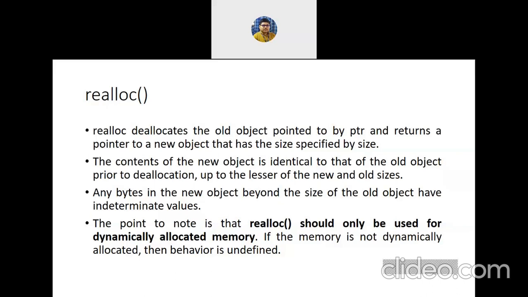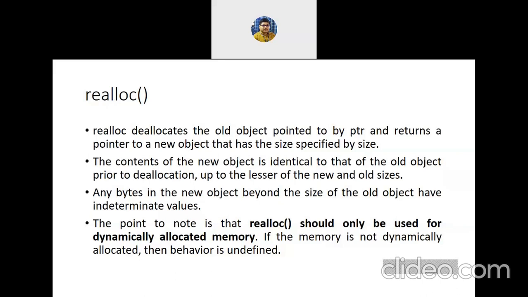Which one is lesser depends upon the situation; it may be the previous one, it may be the new one. The contents of the new object will be identical up to the lesser of the new and old sizes.